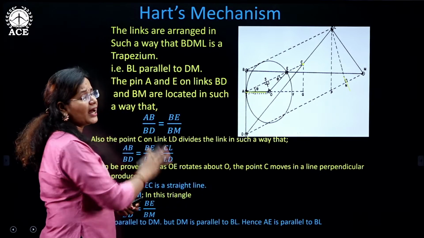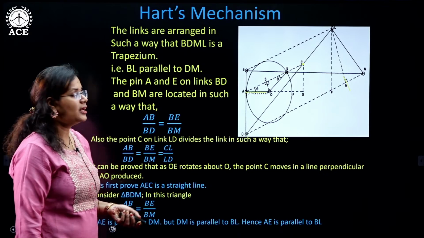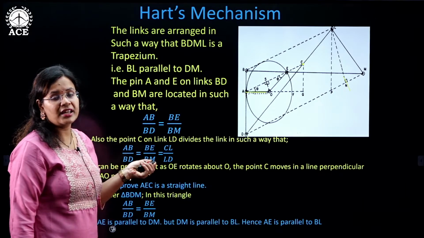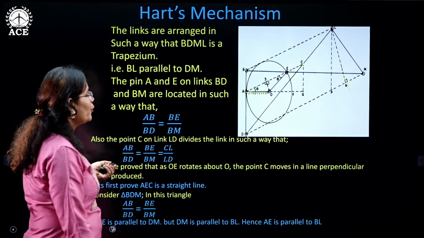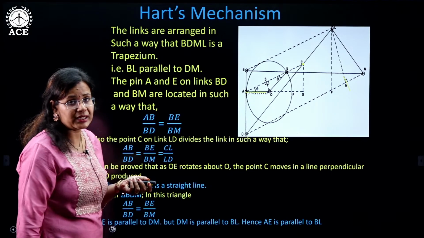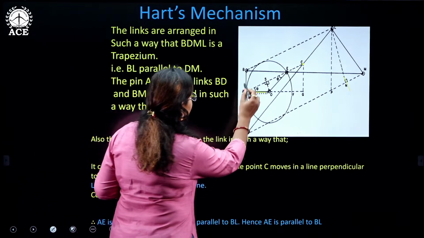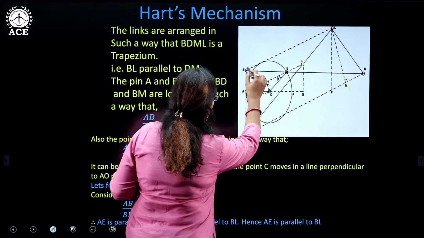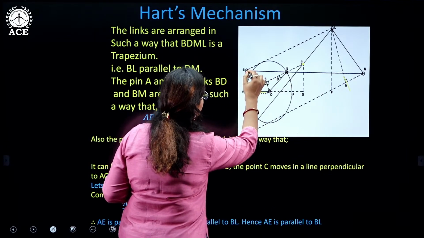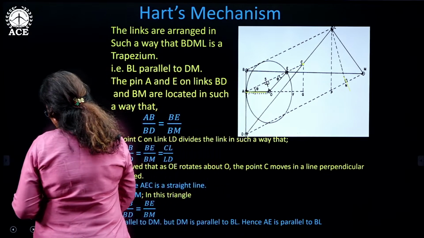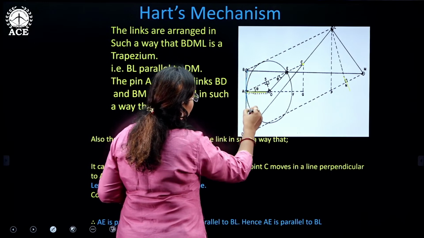A similar case as the previous mechanism called Peaucellier mechanism. Here the only benefit is they are having only 6 links. So let us see how we can prove that point C is producing a straight line. Here we will consider this particular triangle, let us say BDM and BAE. You can see this particular triangle, this particular triangle.